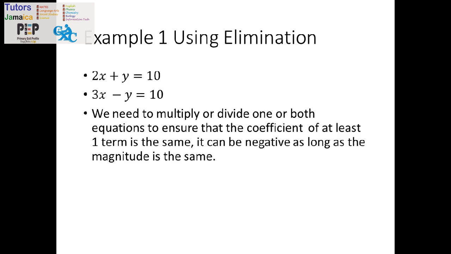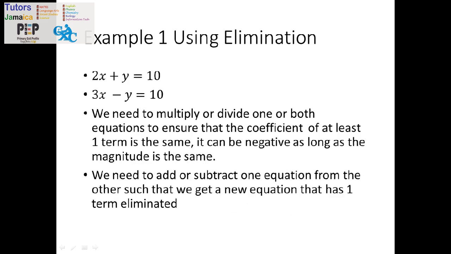And as you can observe here, the coefficient of y in both cases is 1, because when we don't write 1y, once there's no number, then we know that the coefficient is 1. But they are the same magnitude, and they are different signs. One is positive, one is negative.